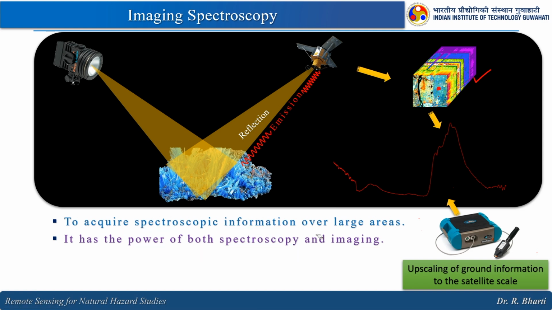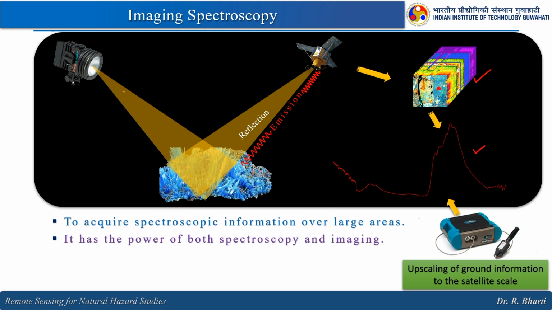So, this kind of instrument will help you to upscale the ground information to the satellite scale. Please remember, this is very important. Whenever you go for hyperspectral data processing, you will have to have some ground measurement or some way to validate your result, otherwise you will not be able to justify your results are accurate or precise, right.